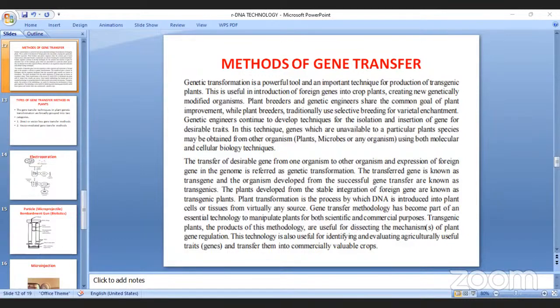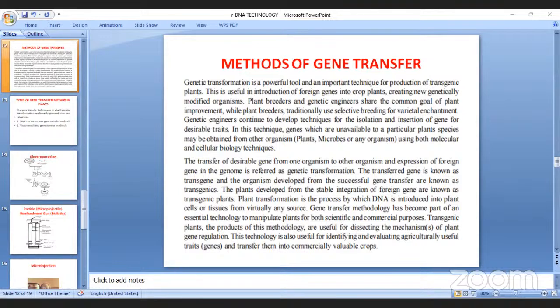Let's discuss the types of gene transfer methods. Gene transfer means transfer of the desired gene from one organism to another organism. Then how to transfer? What is the requirement for transferring the desired gene from one to another? There are two methods to transfer the desired gene. One is direct transformation.